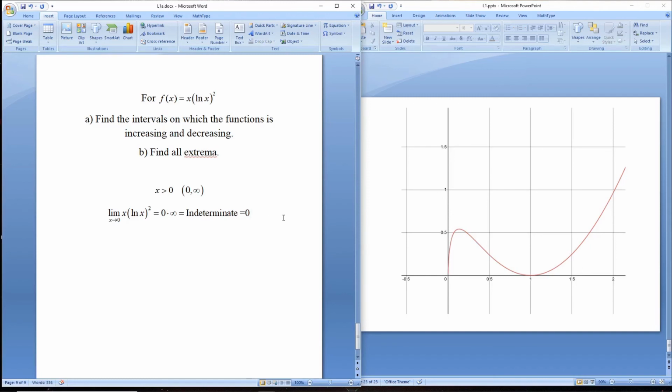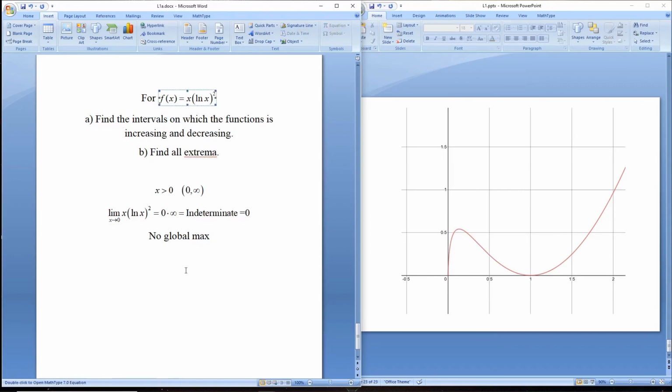And since we're looking at the graph, we can see it also will blow up to positive infinity. So it's blowing up to positive infinity, which means no global max. So now that we've looked at our endpoints, that will give us a 0 and no global max.